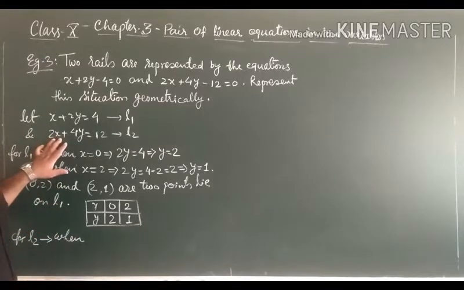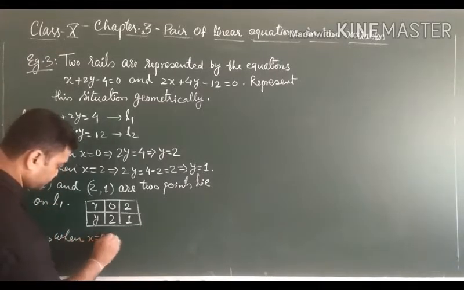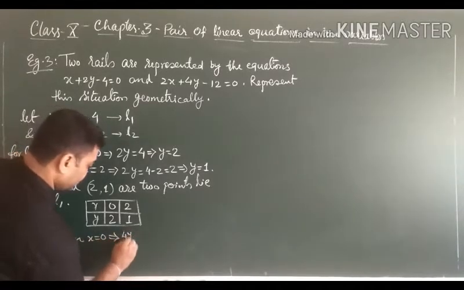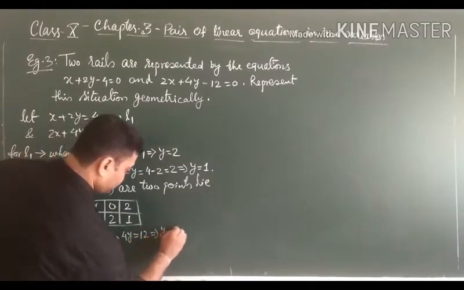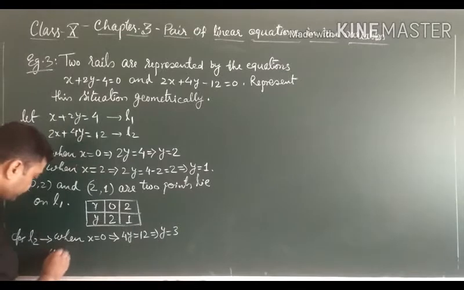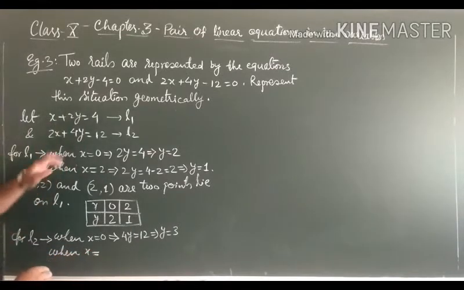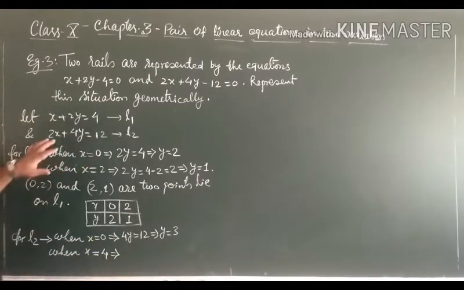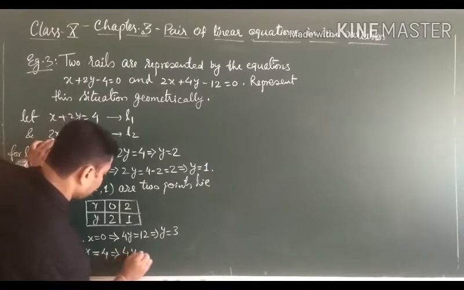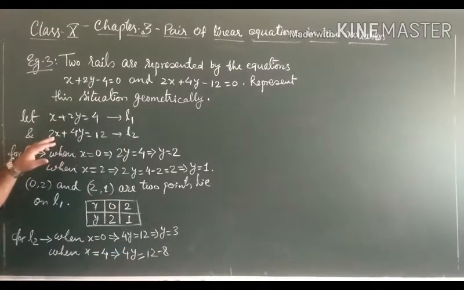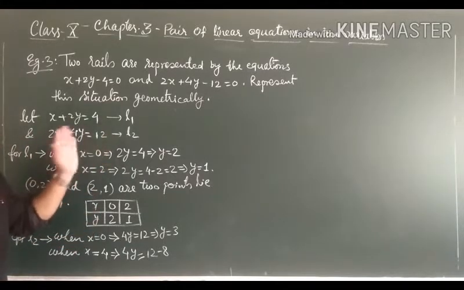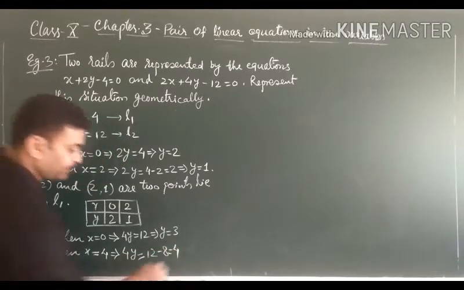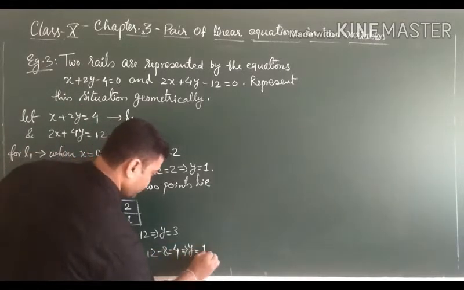When x is equal to 0, this part will be 0 and 4y is equal to 12, this implies y is equal to 3. And when x is equal to 4, 4y is equal to 12 minus 8, that is 4 into 2, 8. 8 will transpose from the left hand side to the right hand side, 12 minus 8 is 4, and this implies y is equal to 1.